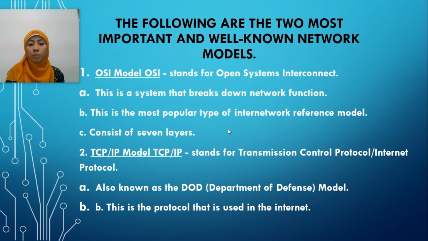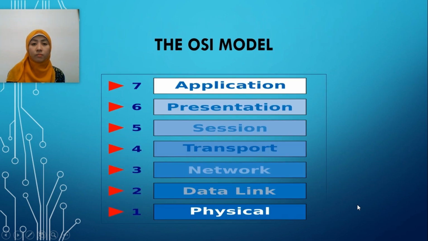This is also the most popular type of internetwork reference model and consists of 7 layers, while the TCP/IP model stands for Transmission Control Protocol, Internet Protocol, also known as the DoD Department of Defense model, and this is the protocol that is used in the internet. So here, the OSI model has 7 layers, which consist of physical, data link, network, transport, session, presentation, and application.